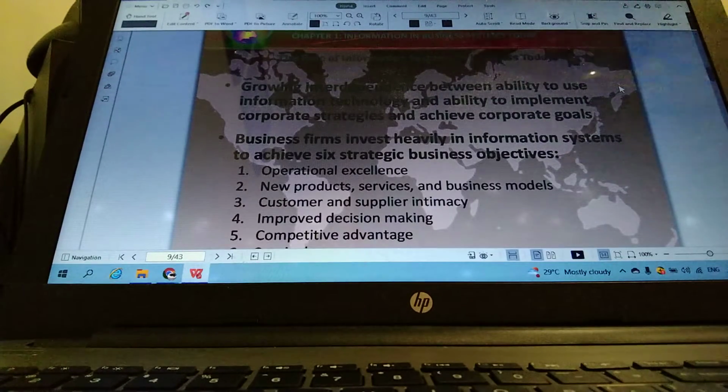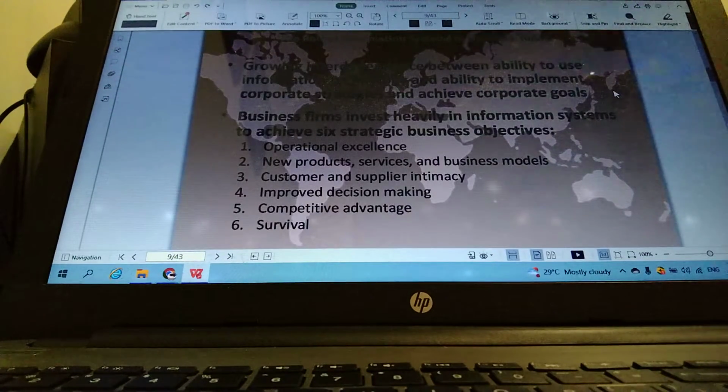So business firms invest heavily in information systems to achieve the following 6 strategies. One, improve operational excellence. We have no choice. We will see more details in the coming slides. We have to improve the operational excellence of the company or business by using advanced IT systems.